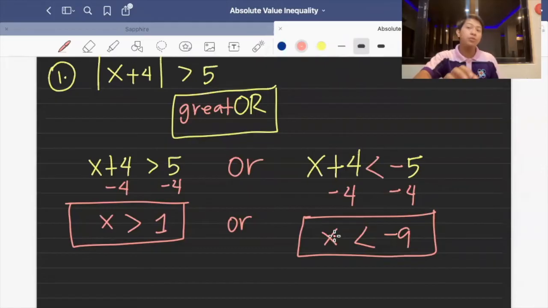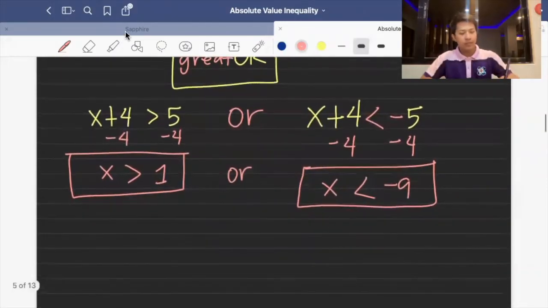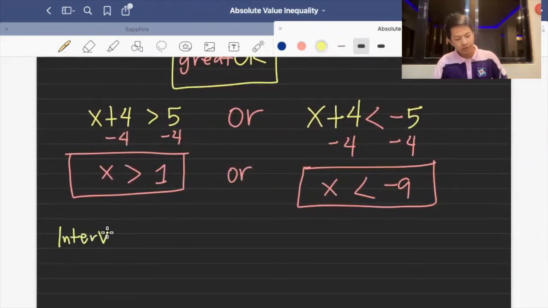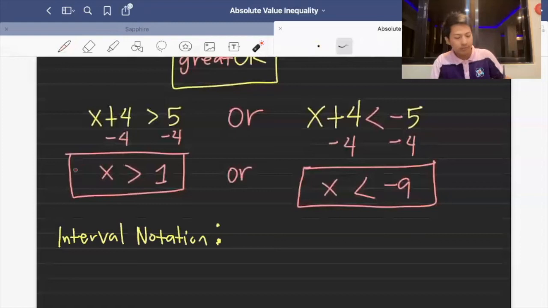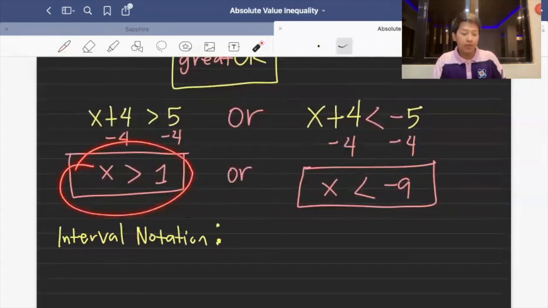Now, we are going to write it in interval notation. So in this case, since this is a union, let's write them individually first, okay? X is greater than 1. How are we going to write that in interval notation?